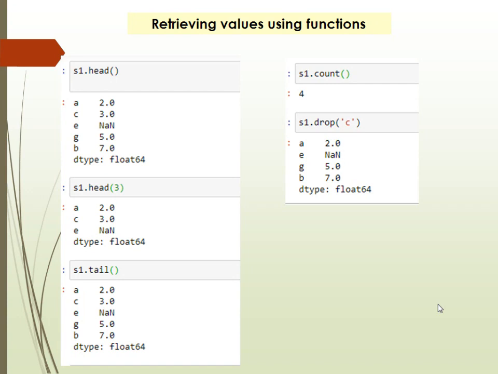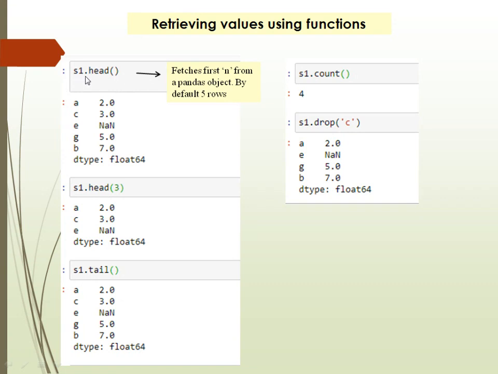We'll move to the next, retrieving values using functions. So we can retrieve values by using functions also. In the very first slide, you found we can retrieve a value by locating the index number. But there are some functions also. First one is head. It fetches the first n values from a pandas object. By default it is 5 rows.